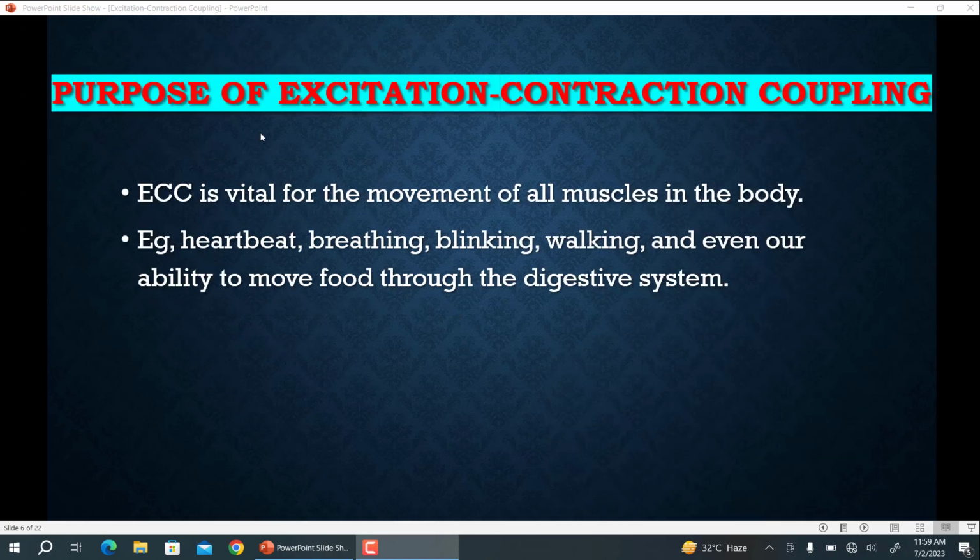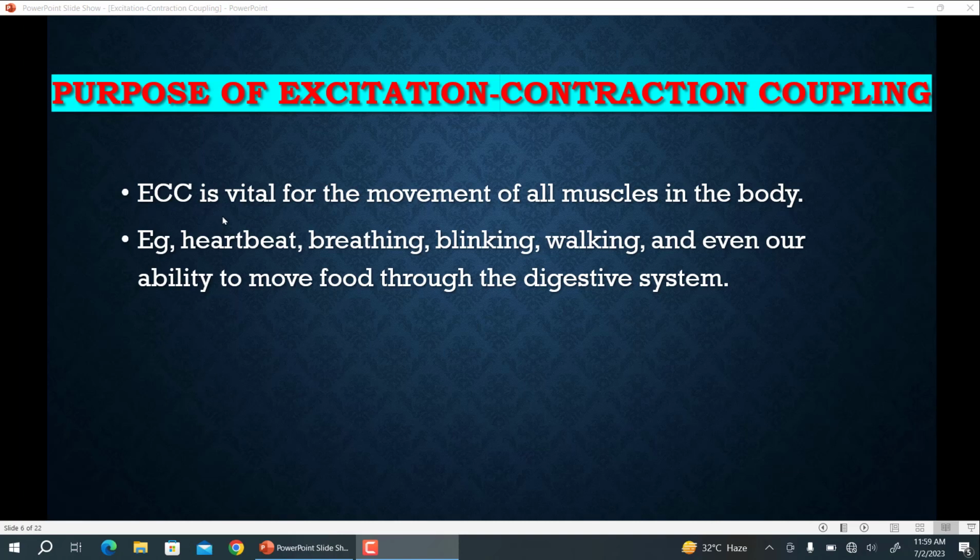Purpose of excitation-contraction coupling. Why do we need the excitation-contraction coupling mechanism? Because excitation-contraction coupling is vital for the movement of all muscle in the body.